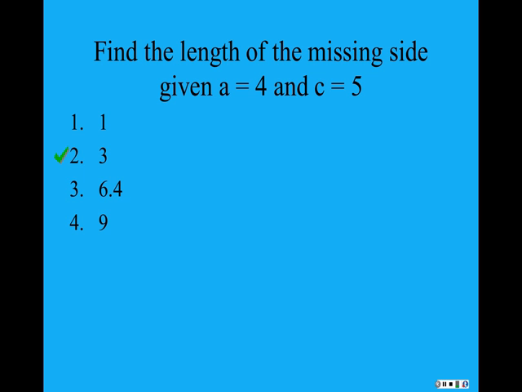Now, to find B, I have to do the opposite to solve this equation. The opposite of adding 16 is to subtract 16. When I subtract 16, what do I get? 9. What's the square root of 9? So that's why it's 3.